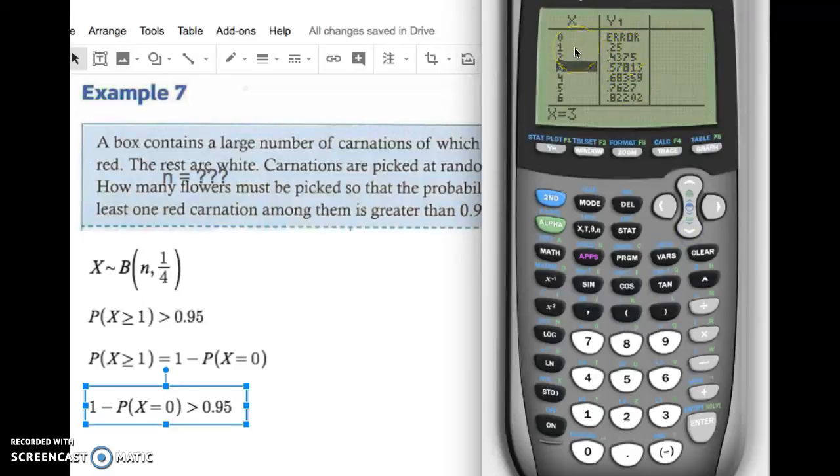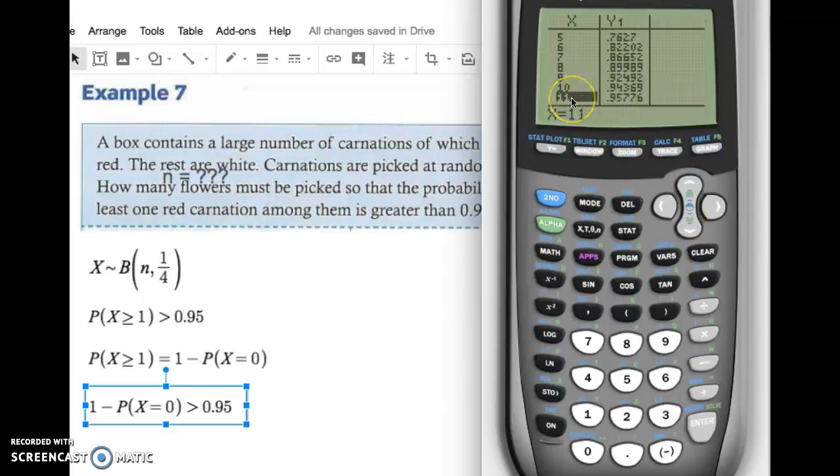That means if I only do it once, I will have a 0.25 chance. You can see that the more flowers that I pick, the higher chance this becomes. I'm just going to move down the table until I see a value that is greater than 0.95. So I'm getting close.